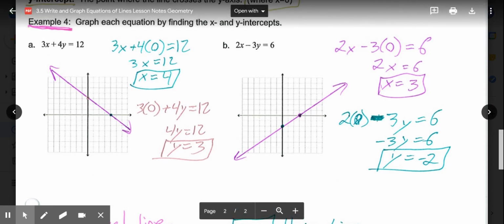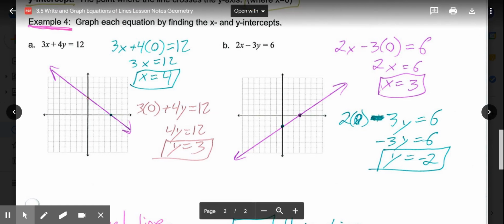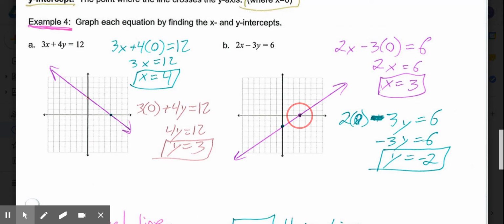So in B, we have 2x minus 3y equals 6. To find the x-intercept, plug a 0 in for y. So we'd end up with 2x equals 6. Therefore, x equals 3. So I'm putting my dot along the x-axis at 3. Then for y, I'm plugging in a 0 for x.